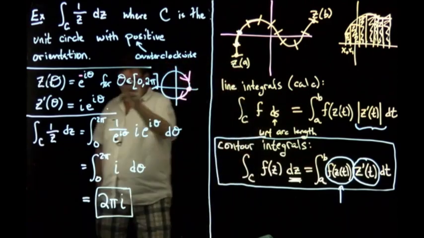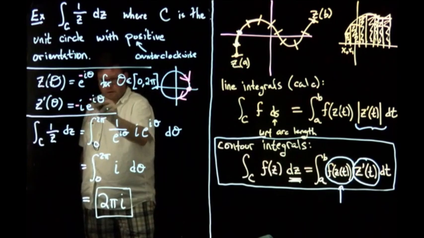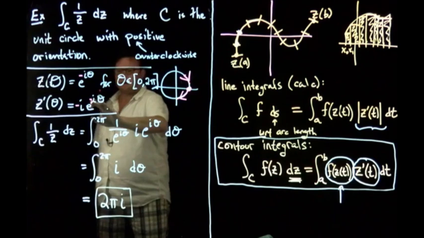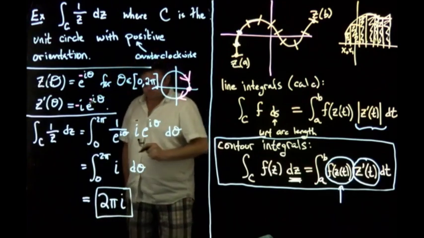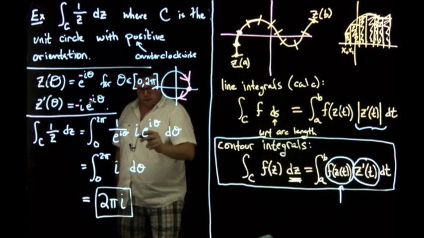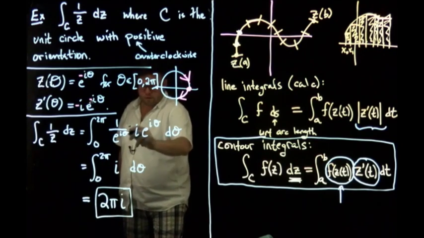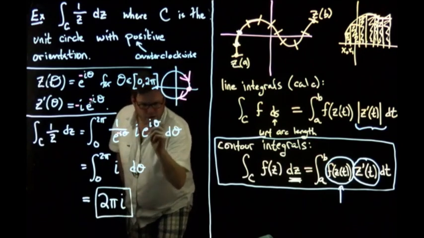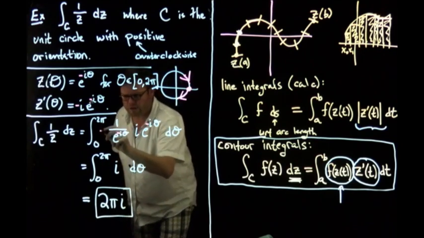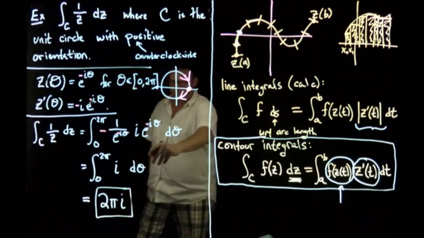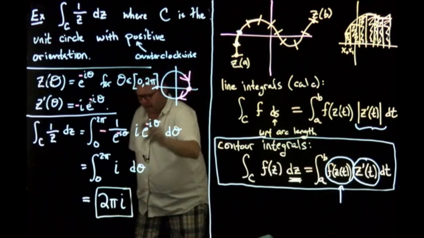Well, if we do that, then our derivative becomes minus I e to the minus I theta. And then we'll put the negative in here, the negative in there. There's a negative because of the derivative. The e's cancel.